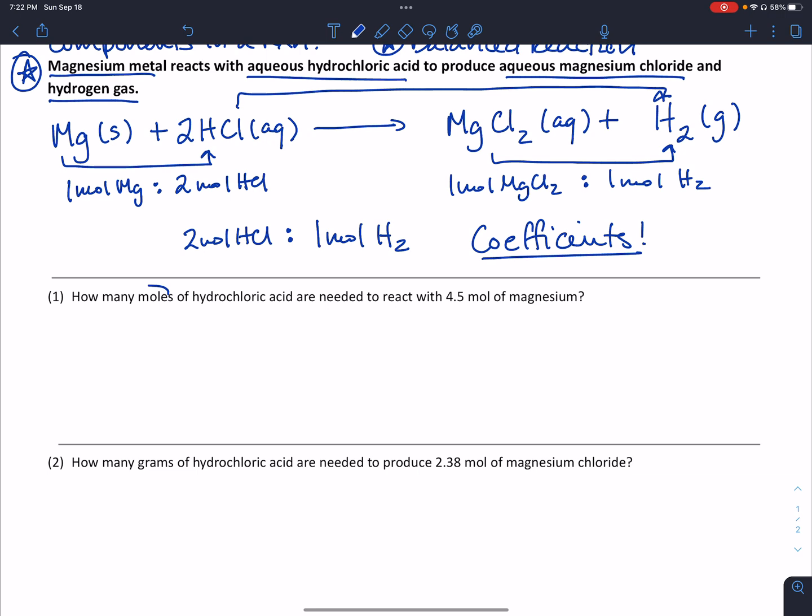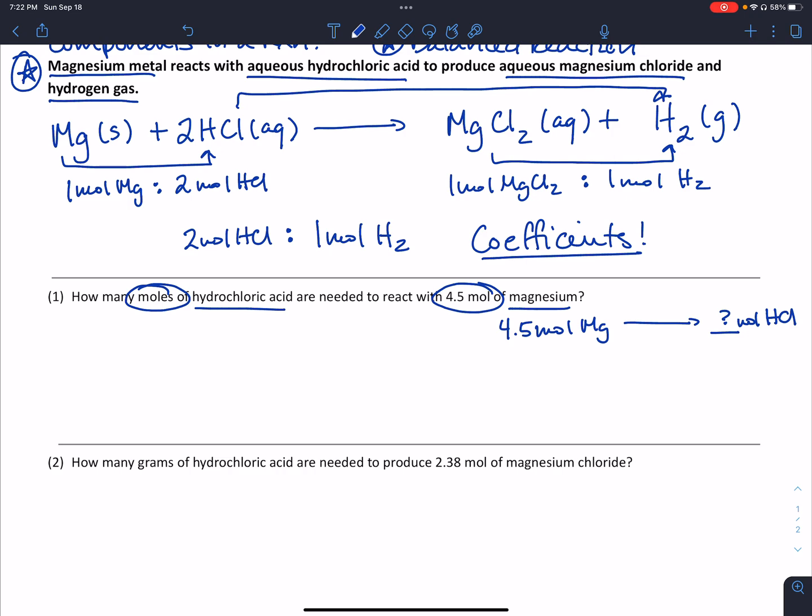Let's look at our first problem type, number 1. This problem says, how many moles of hydrochloric acid are needed to react with 4.5 moles of magnesium? When I work these problems, I tend to start with a plan. I take what I've been given, 4.5 moles of magnesium, and I need to convert that to moles of hydrochloric acid. Now I ask myself, is there a way to go directly between those two units?